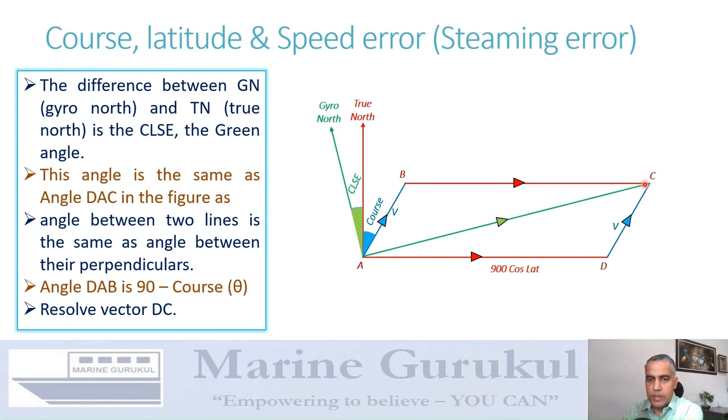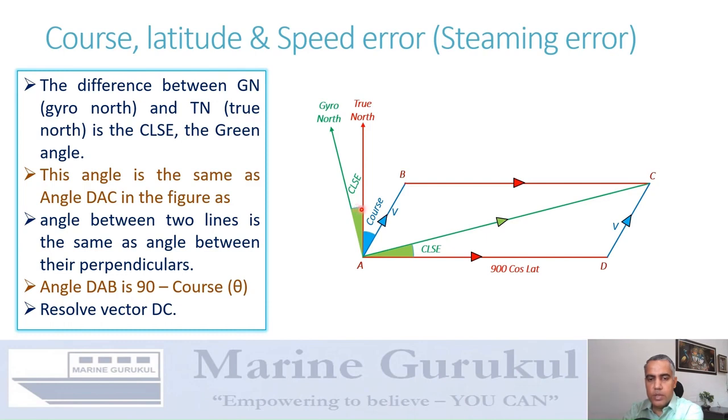Let me mark this angle in the diagram. You can see this particular angle now coming up in the diagram. This is angle delta alpha Charlie. This particular angle is exactly same as the CLSE angle which we had shown earlier.